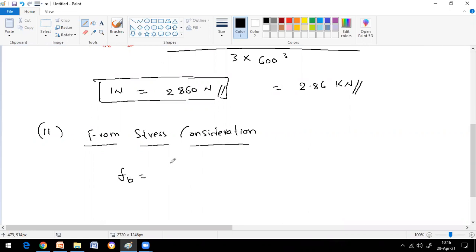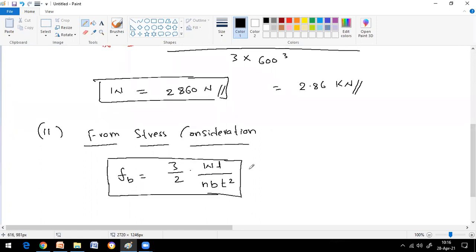Bending stress is equal to 3 by 2 times WL by NBT square. Please, you have to remember all these formulas for your GATE or for any competitive exam. FB is equal to 3 by 2 times WL by NBT square.